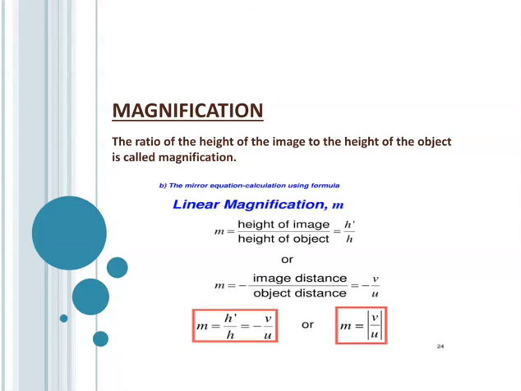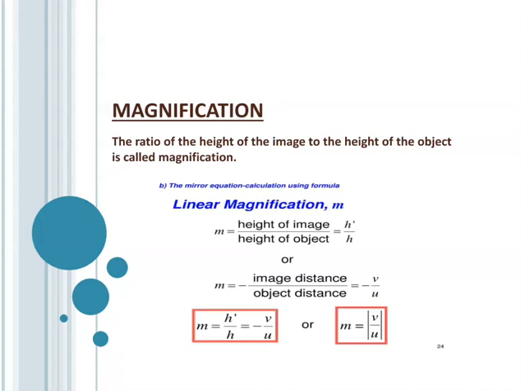So formula for the magnification, m is equal to height of the image divided by height of the object. So what is the formula for the magnification? m is equal to hi by ho, which is equal to minus v by u.